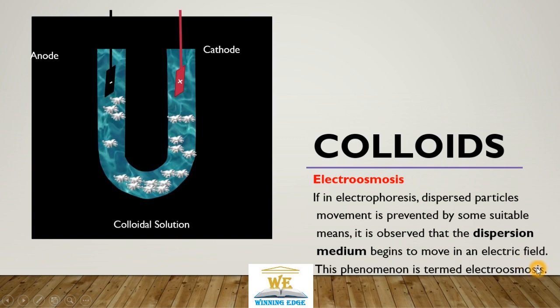The phenomenon is called electro-osmosis. So the difference is that in electrophoresis, colloidal particles move toward the electrode, and in electro-osmosis, the dispersion medium or the solvent moves under the applied electric field. Those are the two major differences between these two.